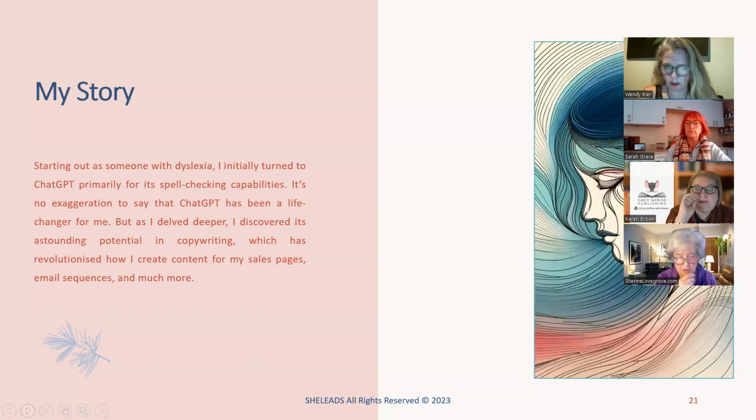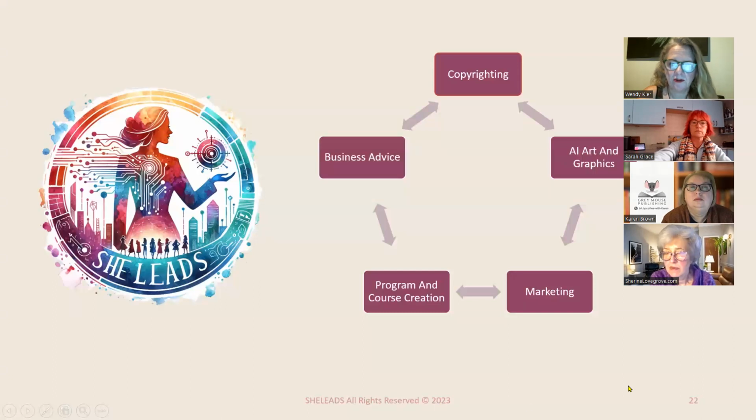I always just embraced it because it gave me such a sense of freedom. And not being able to spell when you run a business is pretty hard going. I always felt as if I was dumbing down my expertise and my knowledge because I couldn't express myself properly. And it really allowed me to excel quickly.